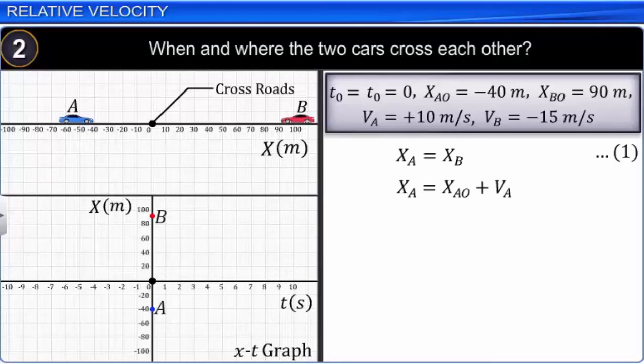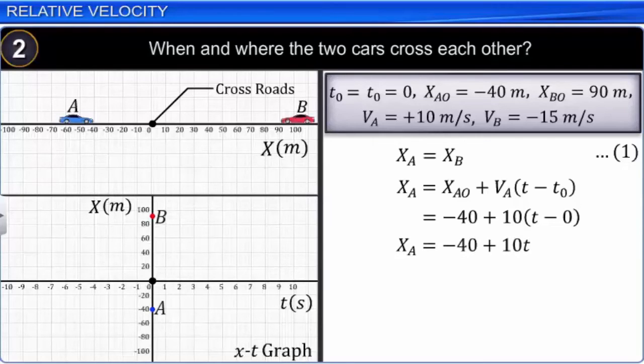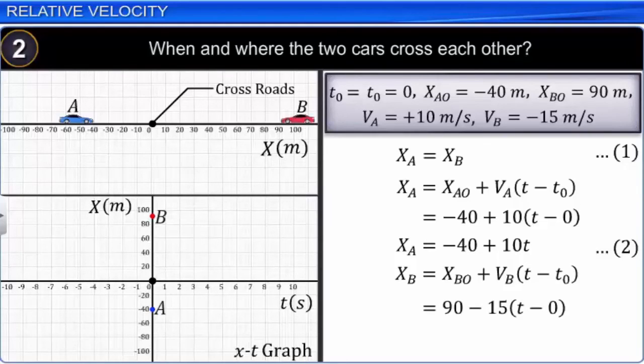By substituting and simplifying, we get X_A equal to minus 40 plus 10t, which is equation 2. Similarly, X_B is equal to X_B0 plus V_B into (t minus t naught). By substituting and simplifying, we get X_B equal to 90 minus 15t, which is equation 3.